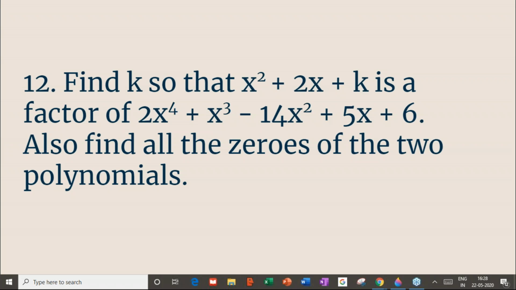When you divide, even though it says it's a factor, you will get some expression in the remainder because of k. What you do after that is equate the remainder to 0 because it's a factor.